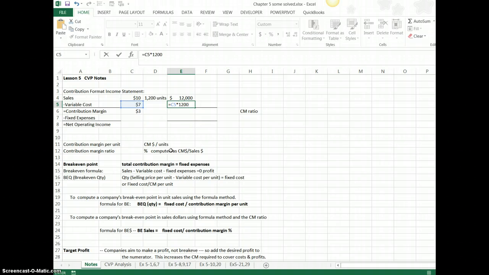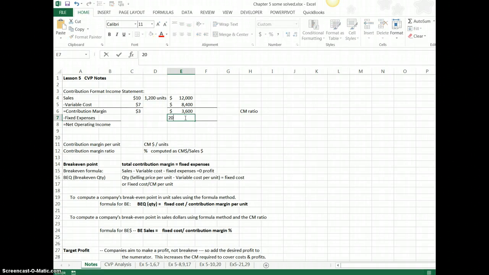So again, I will need to multiply that $7 times 1,200 units. And in essence, what I want to do is subtract my variable costs. Knowing that the contribution margin is $3 for every unit, I should be able to quickly calculate 3 times 1,200 units. The difference between sales minus my variable cost will be the contribution margin per unit times the number of units. So it is actually a shortcut to calculating profit.